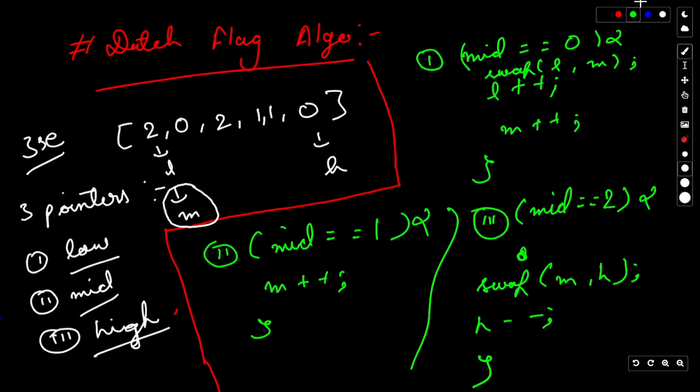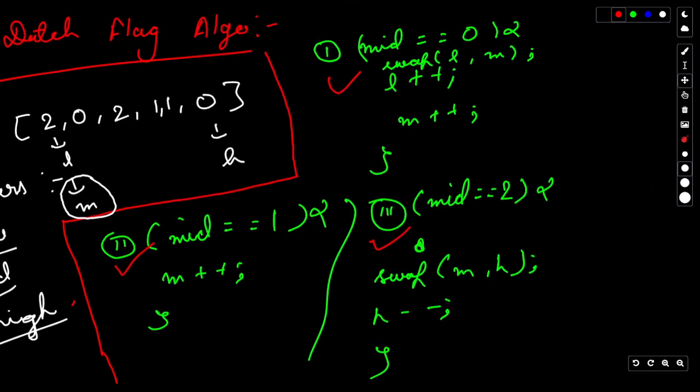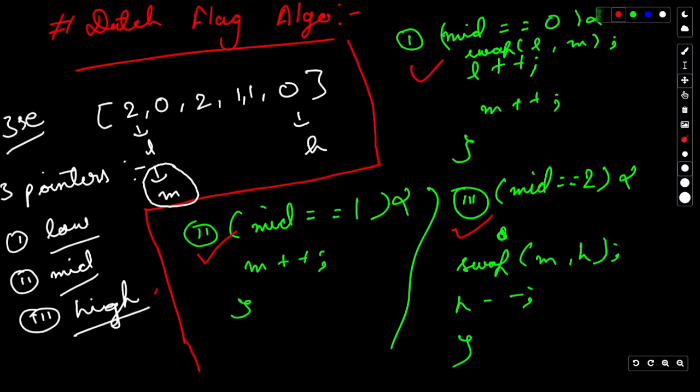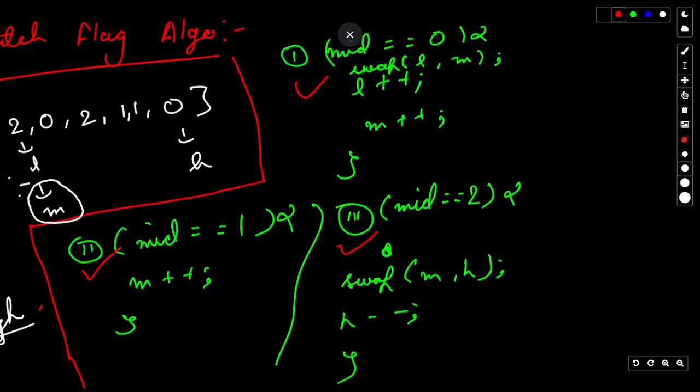If we follow these three rules, all I'm telling you is our array will be sorted. So let's check it out: 2 0 2 1 1 0.